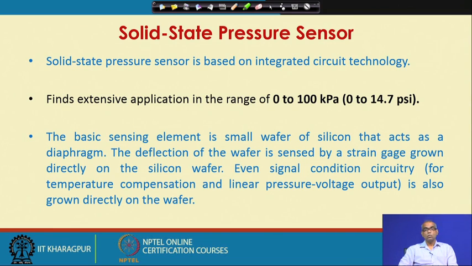In fact, what we can also do is grow the signal conditioning circuitry directly on the wafer. So, such signal conditioning circuits will be helpful for nullifying the effect of ambient temperature, that means for temperature compensation, as well as for making the pressure voltage output linear.